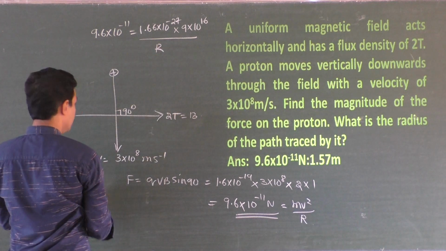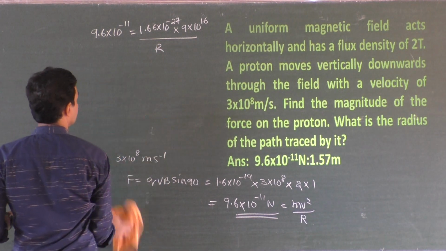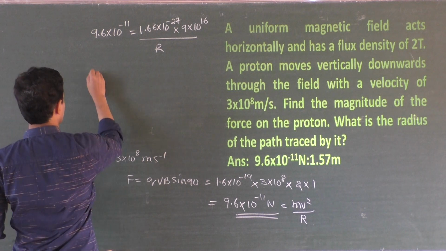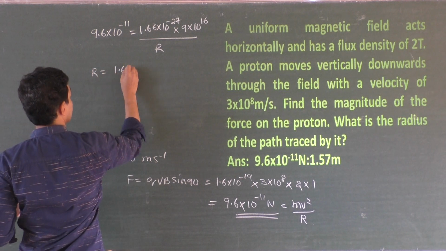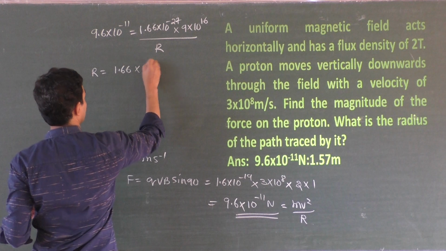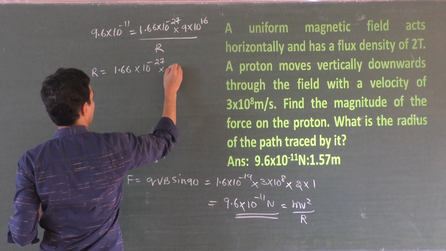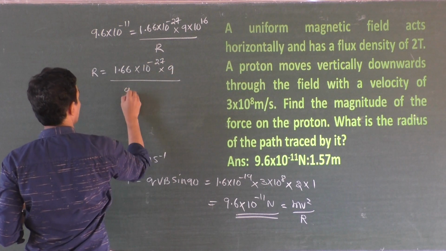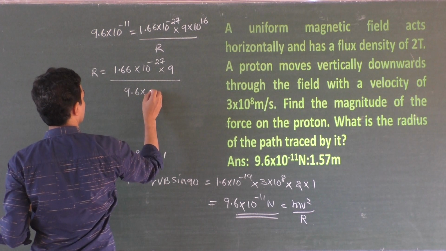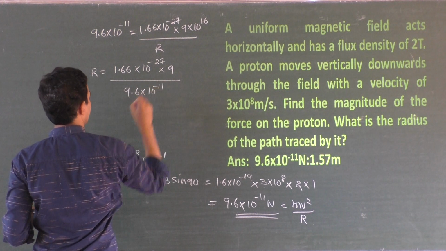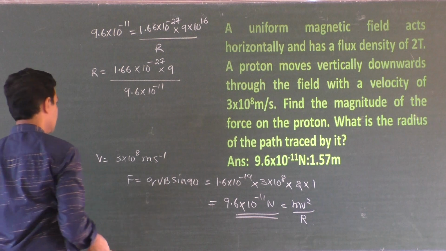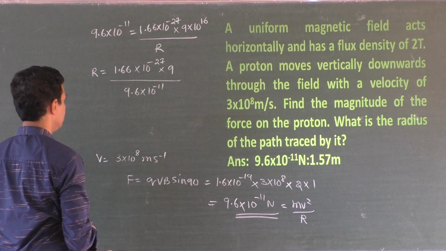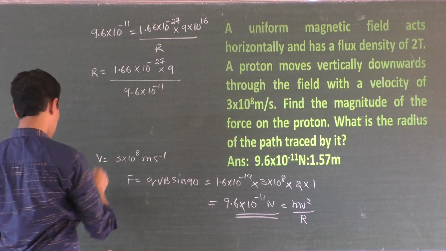So what is R? R is equal to 1.66 into 10 to the power minus 27 into 9 divided by 9.6 into 10 to the power minus 11. I think it doesn't get divided exactly. Yeah, it's about 6 times, but not exactly 6 times.